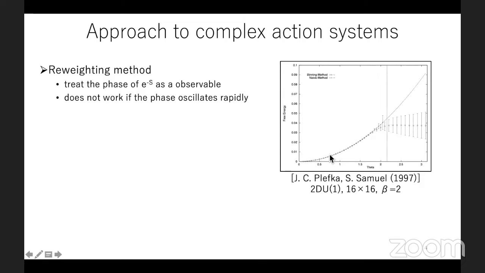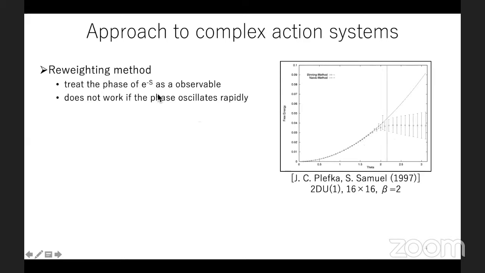These points are the results of the simulation. You can see that from around here, the result of the simulation deviates from the analytical result, but the error bar is smaller. So this is a very dangerous situation for investigating this model.